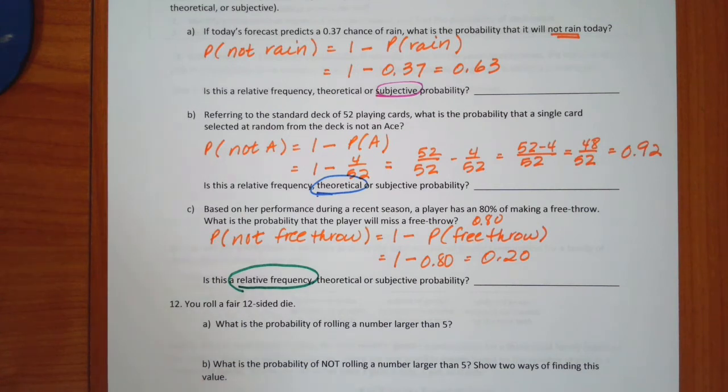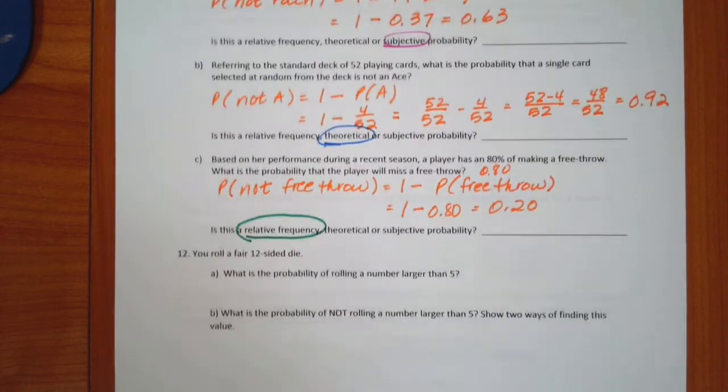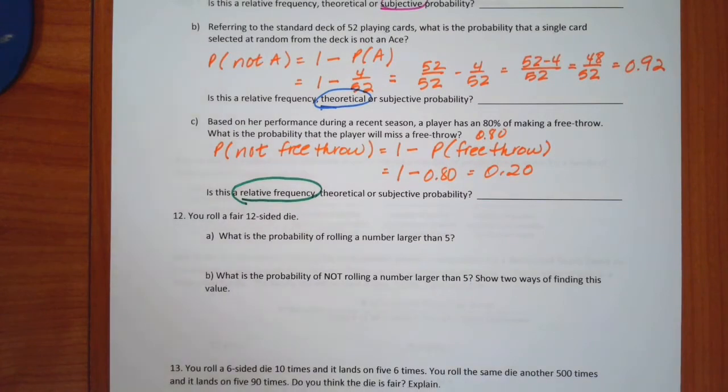Okay, now we're rolling a 12-sided die. What is the probability of rolling a number larger than 5? Okay.